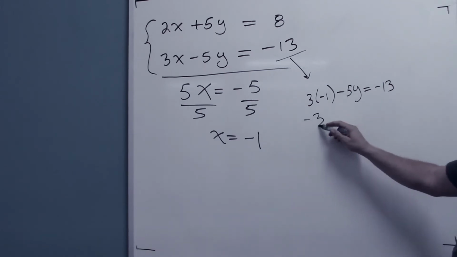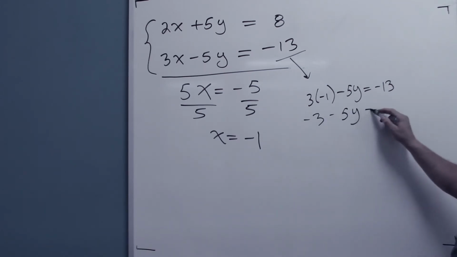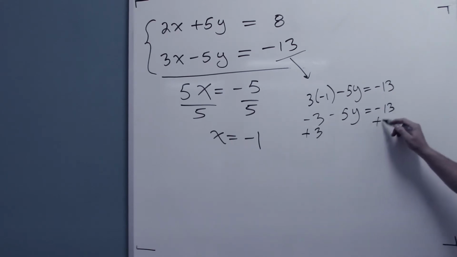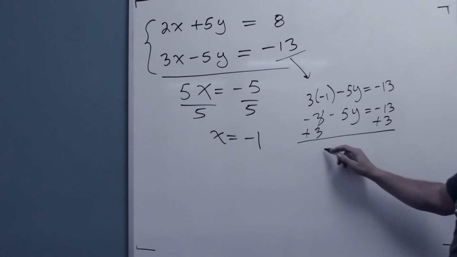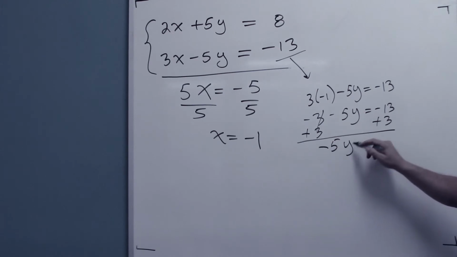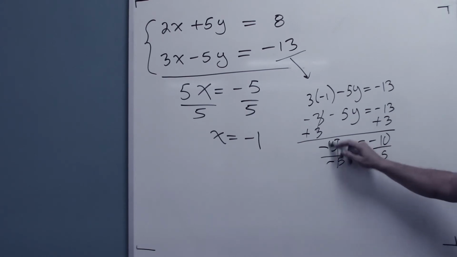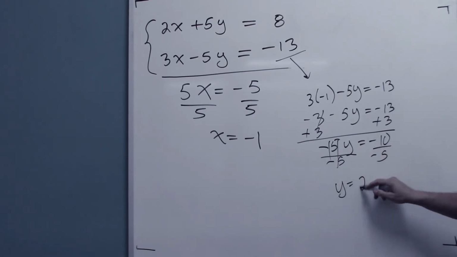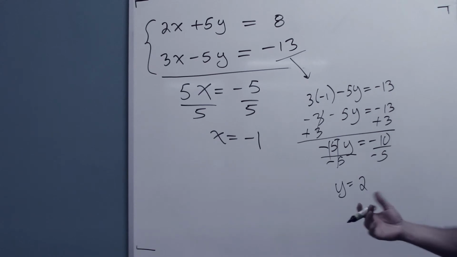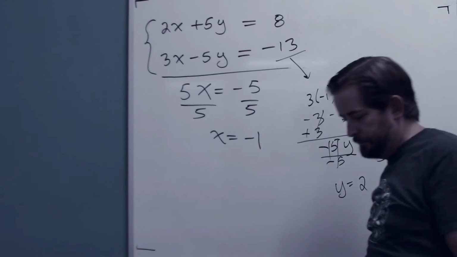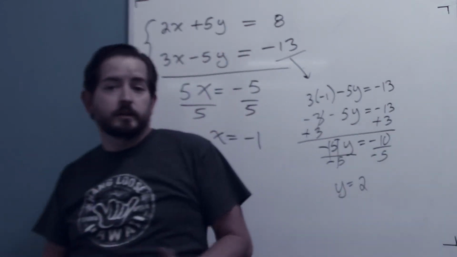That's negative 3 minus 5y equals negative 13. If I add 3 to both sides, that gives me minus 5y equals negative 10. And then dividing by negative 5 gives me y equals 2. Right? And that's my solution. Negative 1, comma, 2.